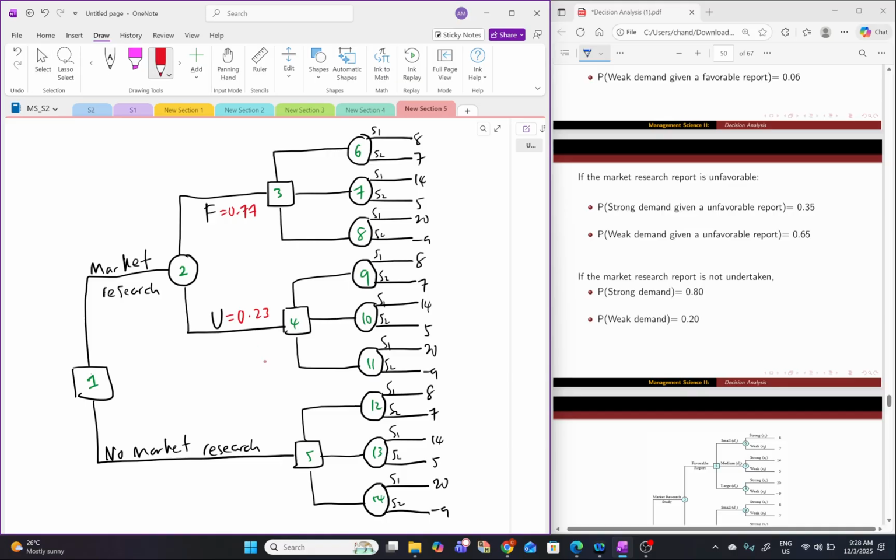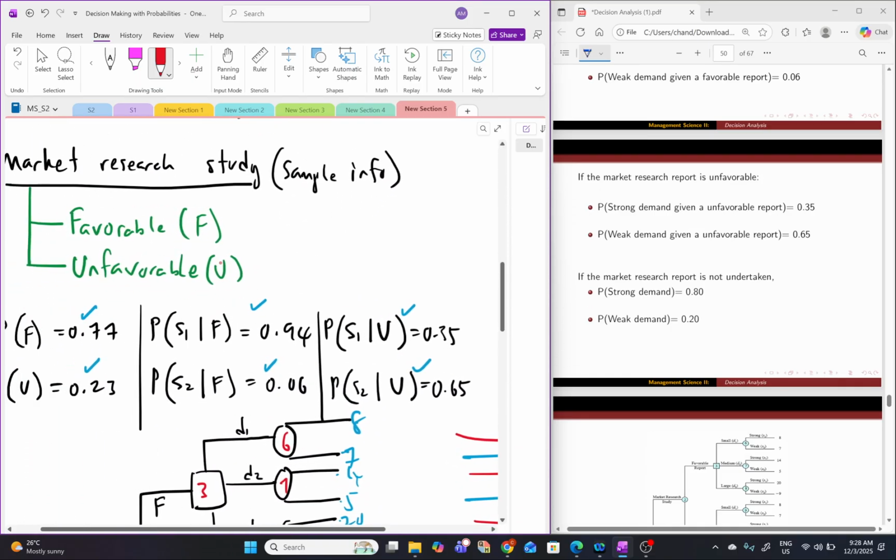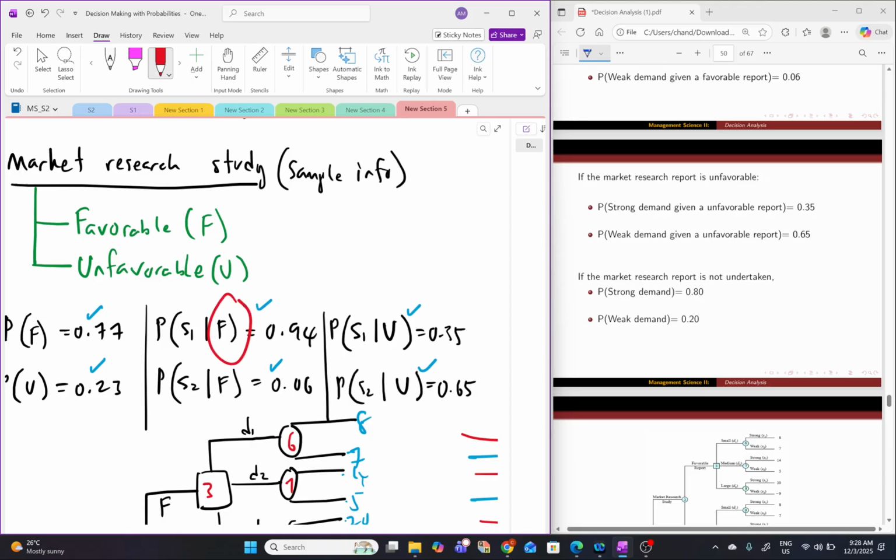Okay. Given favorable, given F. Tadi kita dah tengok dekat sini. Given F. F dulu. What is the probability of S1? 0.94. Tengok dekat sini given F, what is the probability of S1? 0.94.